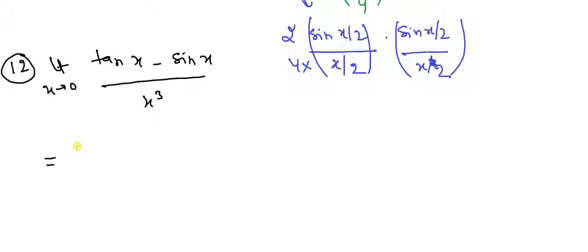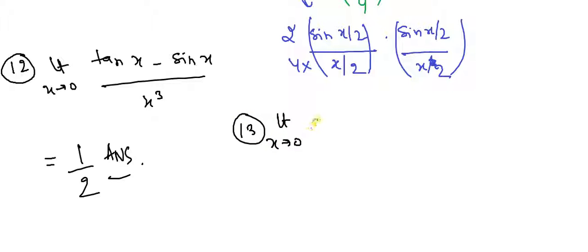It's like a homework for you. You can differentiate it yourself and you will reach at this point. Now one more thing, 13th point that I would like to make here is x tends to 0 cos x is equals to 1, cos 0 sin 90, that is 1.